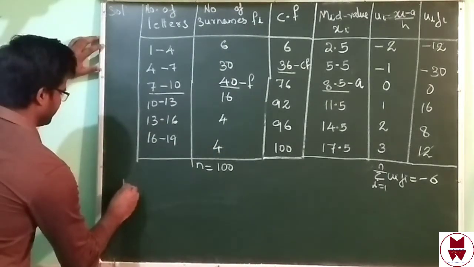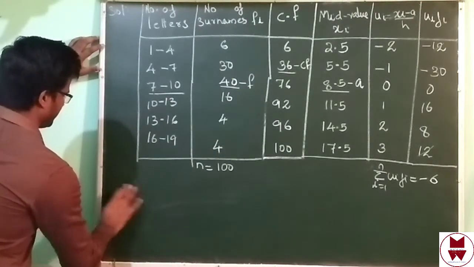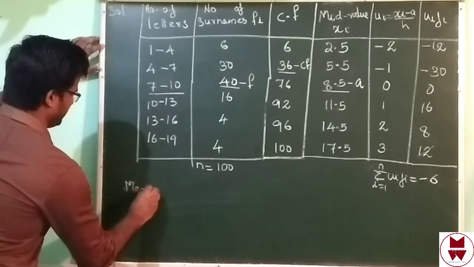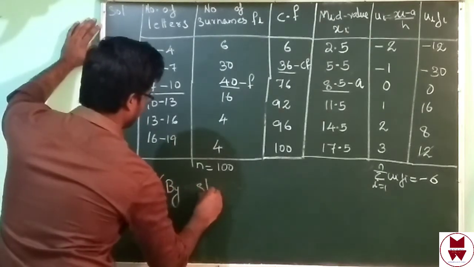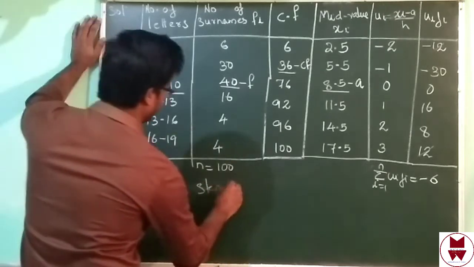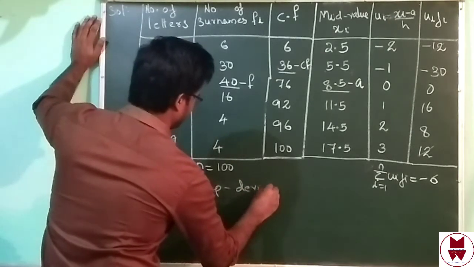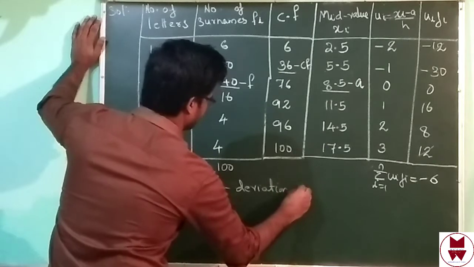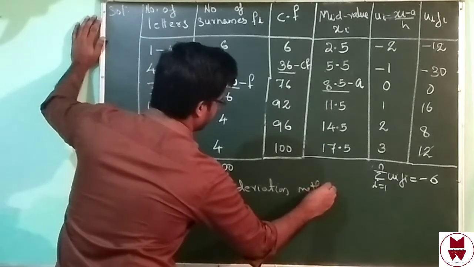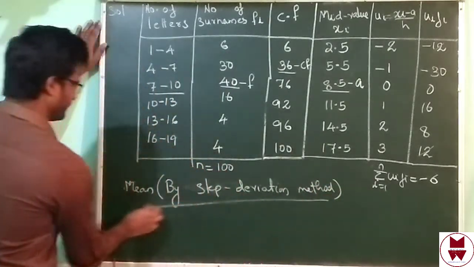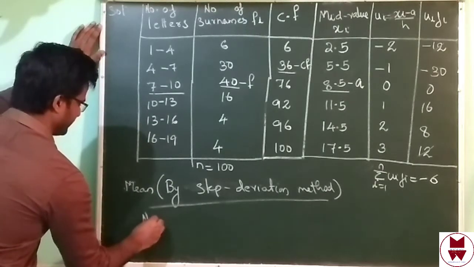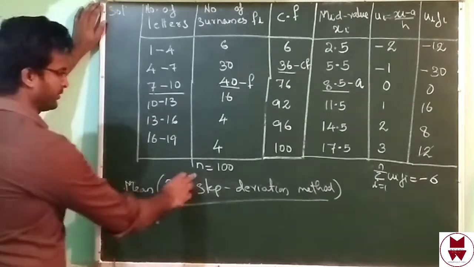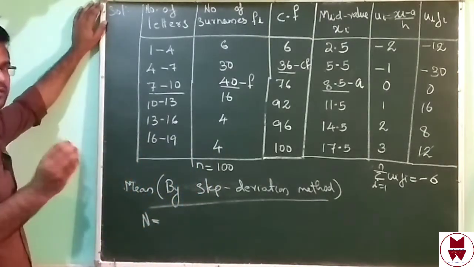Then mean by step deviation method. We are going to use the step deviation method. First we can write n. Capital letter N and small letter n are equal.